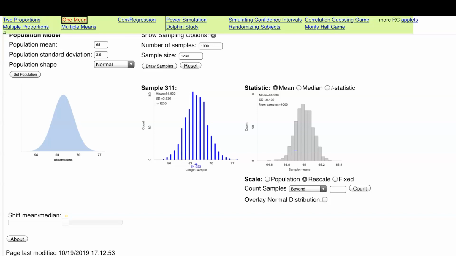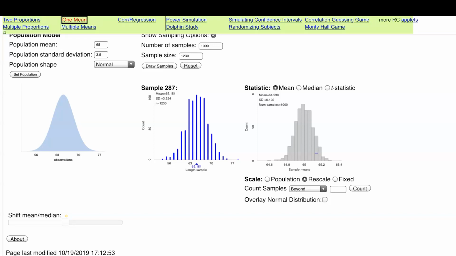Now, just like before, if you click through these a little more slowly, each time you get a bell-shaped distribution, so it looks like the population, and you get a mean that's close to 65, and you get a standard deviation that's close to 3.5. So in the middle is a sample distribution. The left-hand side is still the population distribution, which has not changed. Now, my null distribution on the right, notice my standard deviation has gone down some more.